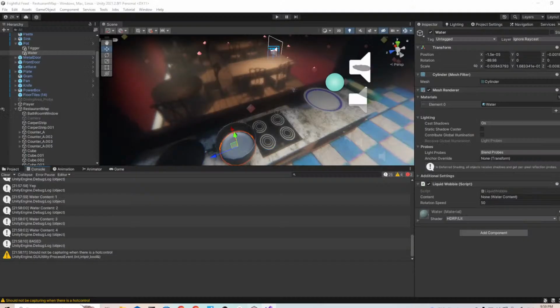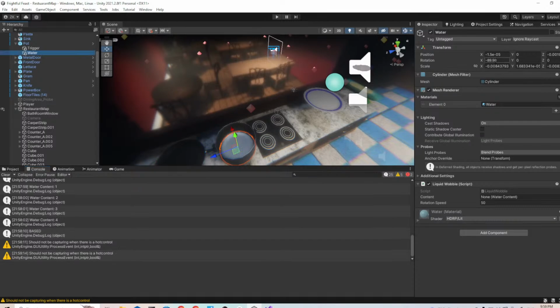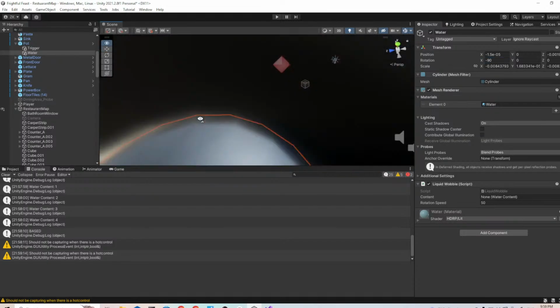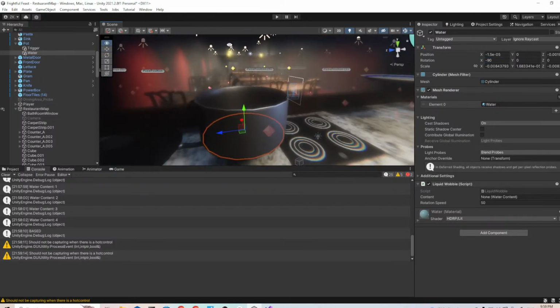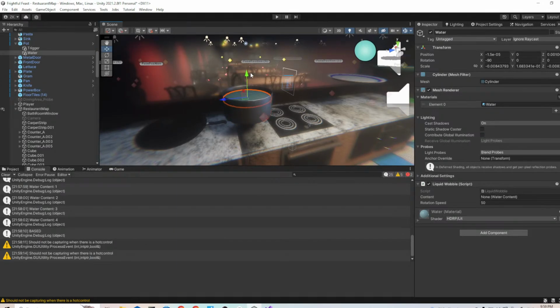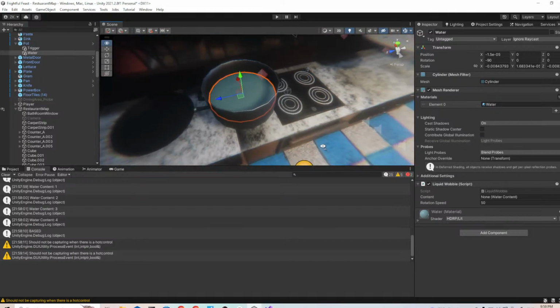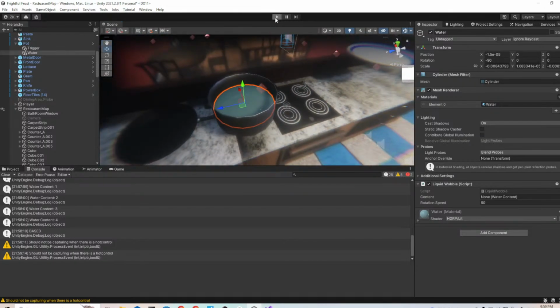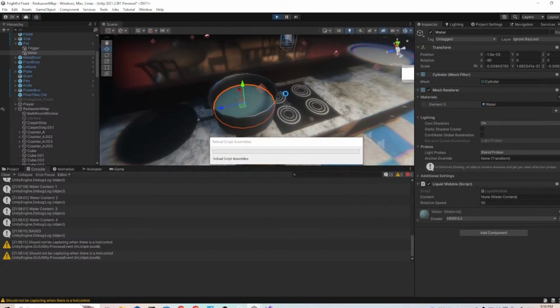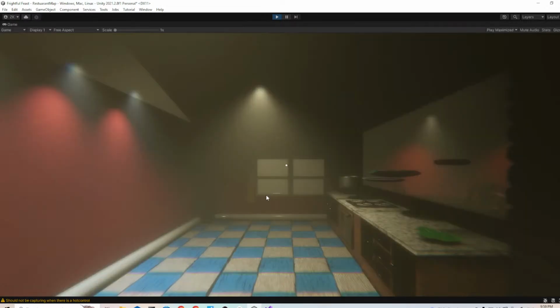What's the original rotation of the object? It's -90. I'm going to move this up. That will do, so I just don't need to keep doing that all the time.